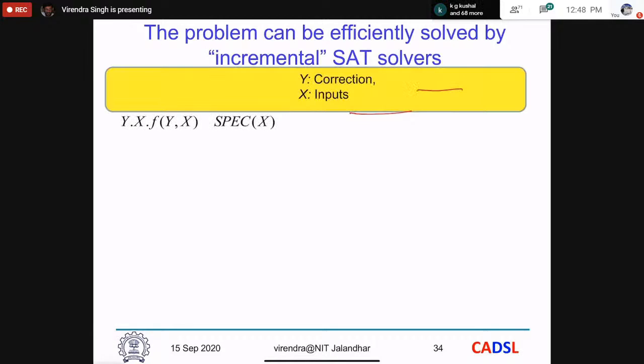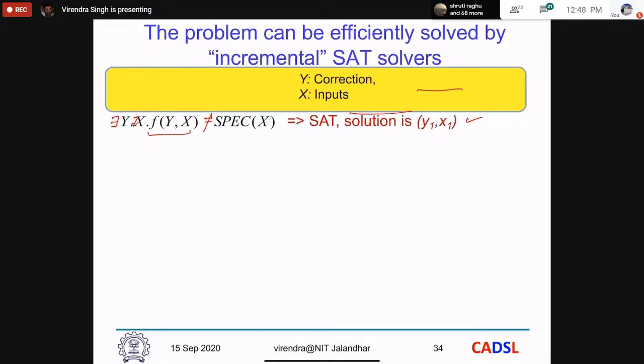So there exists some x and y for which the function f(x, y) is not equal to the specification of x, y. That gives me the SAT solution that there is some value x1 and y1, and that's the counter example.